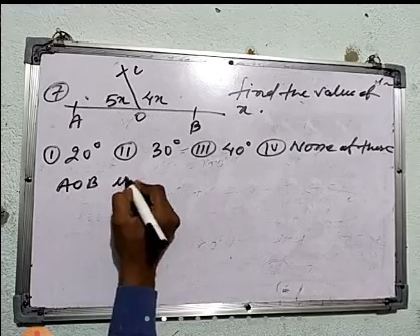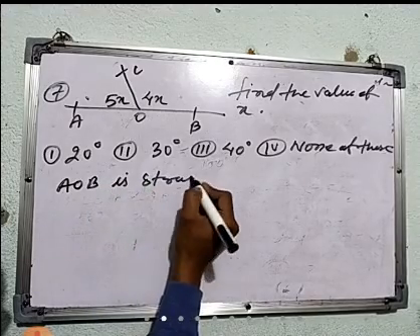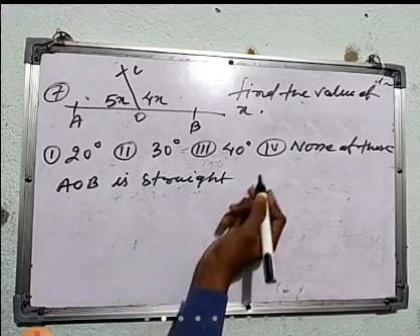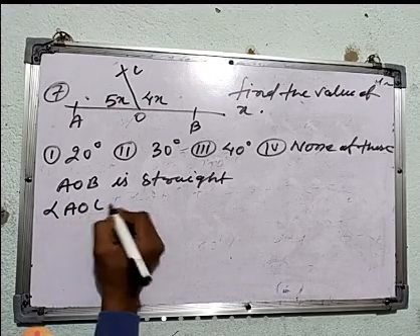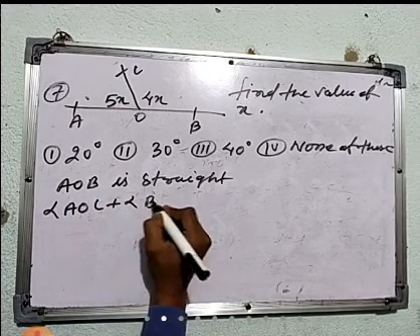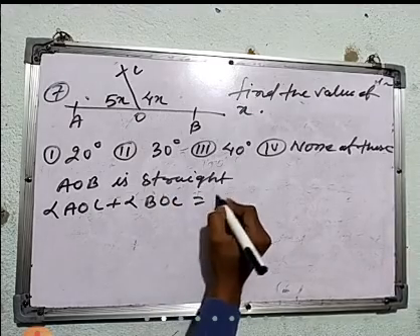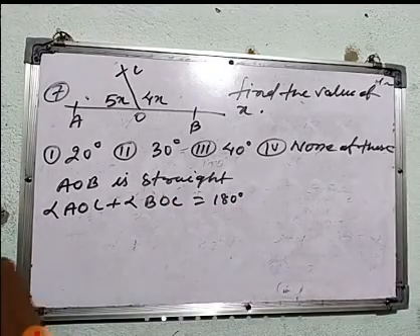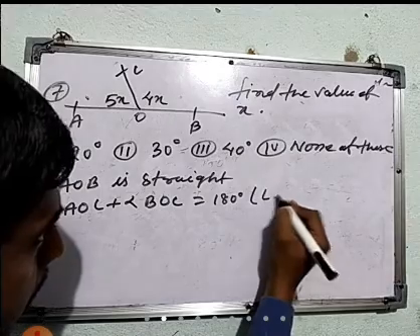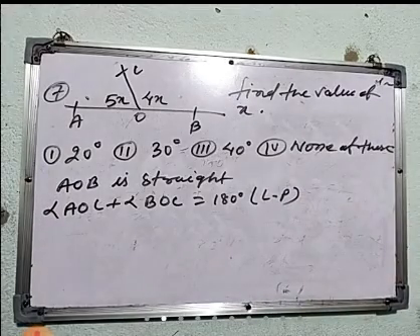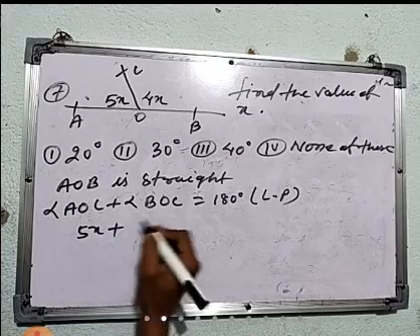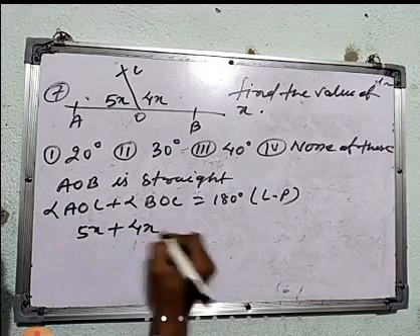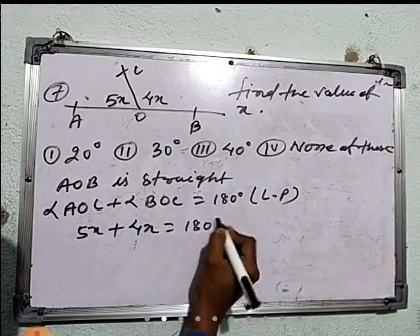So first, you know AOB is a straight line. So angle AOC plus angle BOC equals 180 degree, from linear pair. Now the value of angle AOC is 5x and the value of BOC is 4x, which equals 180 degree.